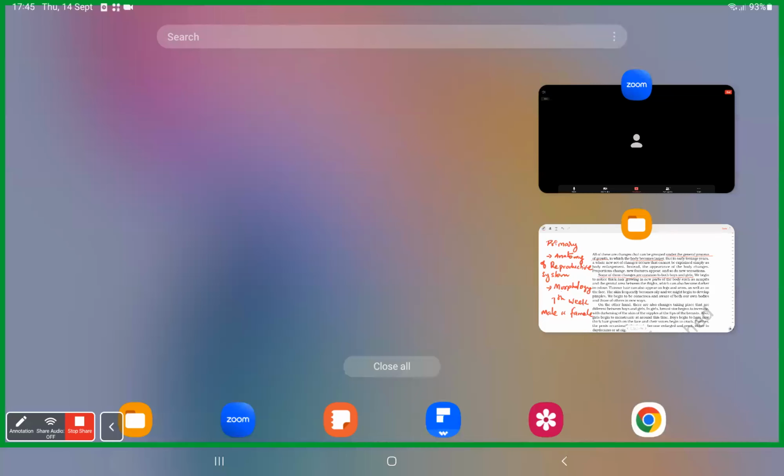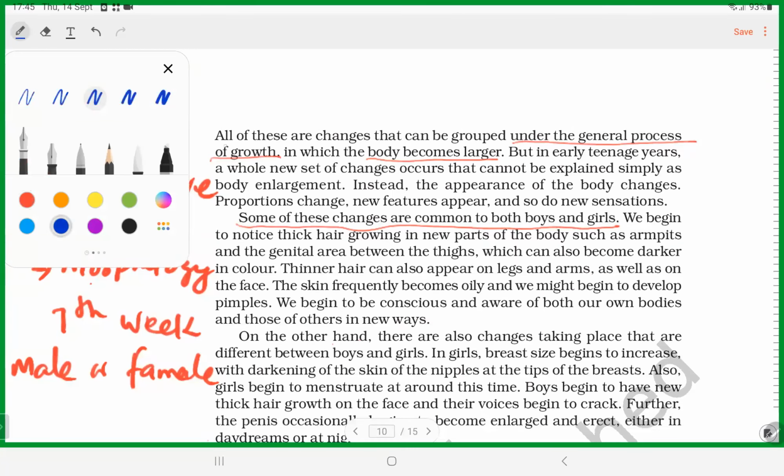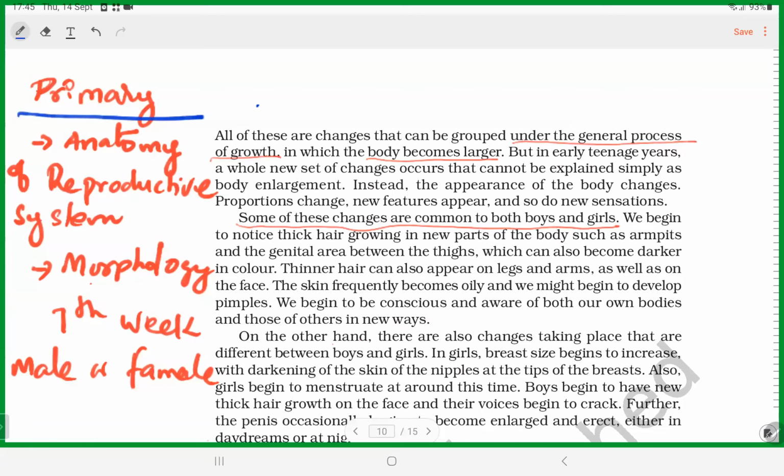See, primary sexual characters means primary sex differentiation occurs from the seventh week of gestation. When you are in your mother's womb, from the seventh week, you start developing into male or female. So your internal and external structures should properly develop, the sex organs both internally and externally.